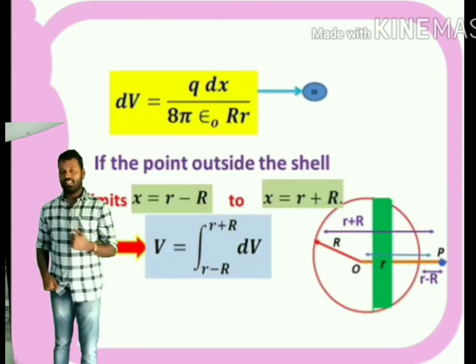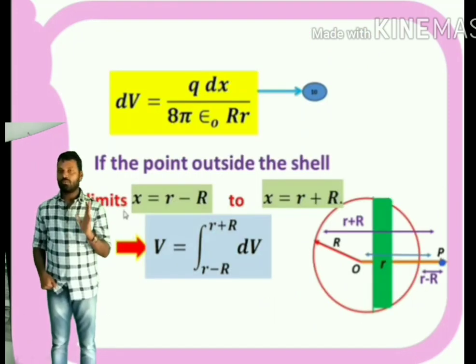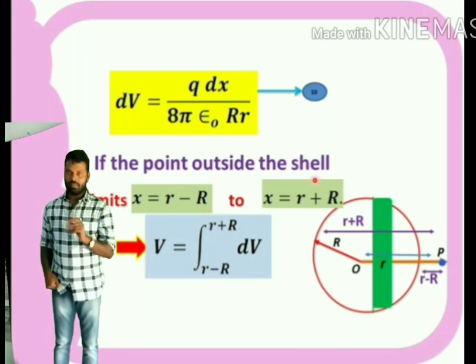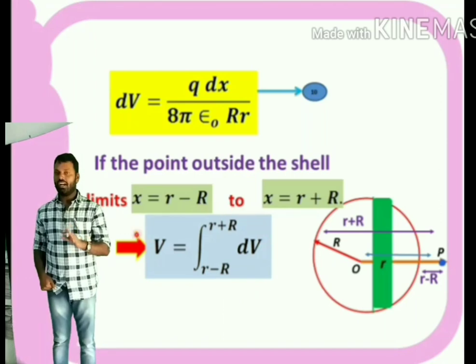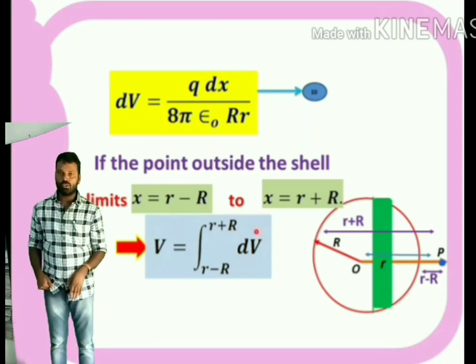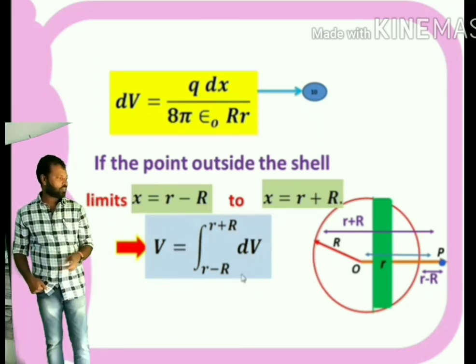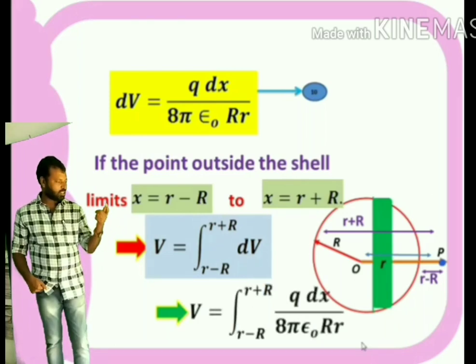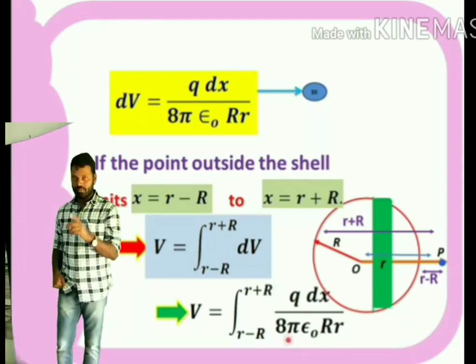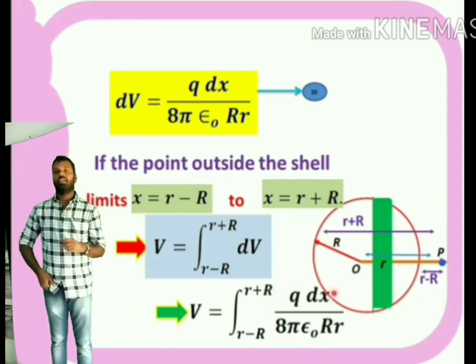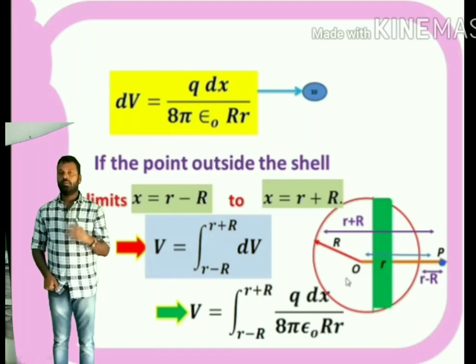If I use the limits x equal to r minus R to x equal to r plus R, then V is equal to the integral from r minus R to r plus R of dV. That implies V is equal to the integral from r minus R to r plus R of, what is dV? q dx by 8 pi epsilon naught Rr.